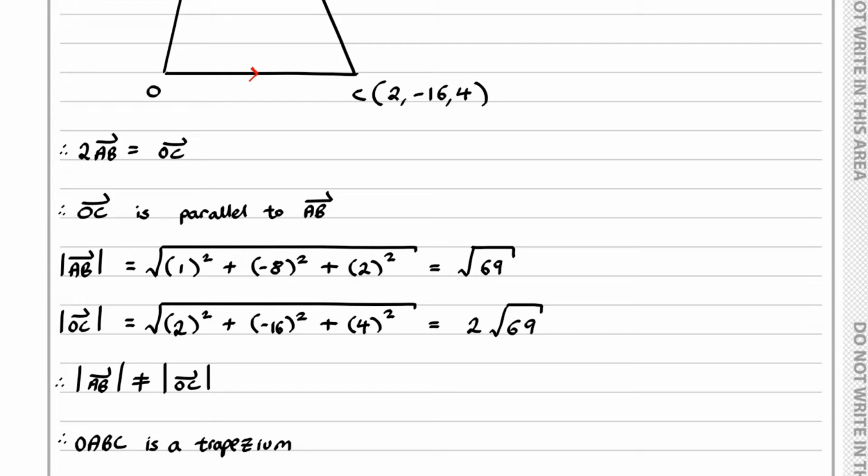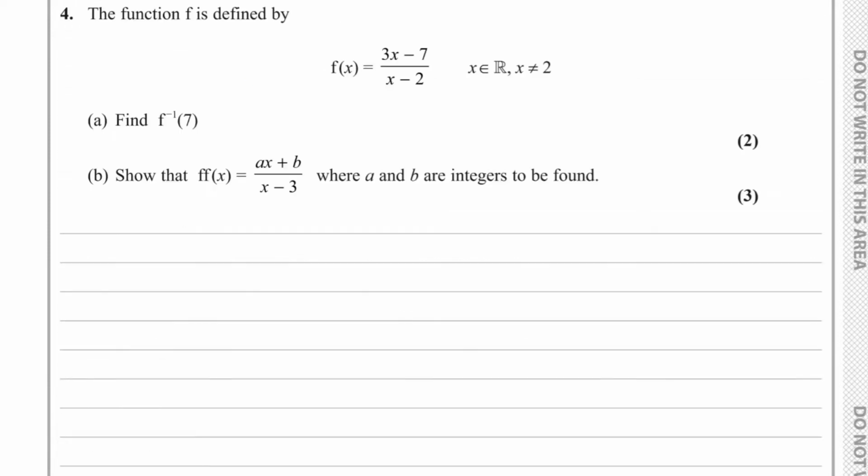Okay. Question number 4. The function f is defined by f of x equals 3x minus 7 over x minus 2, where x is a real number and x does not equal 2. We have to find the inverse of f at the point x equals 7.